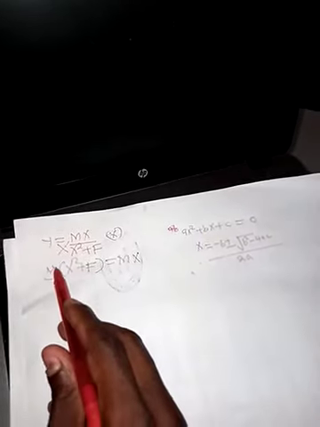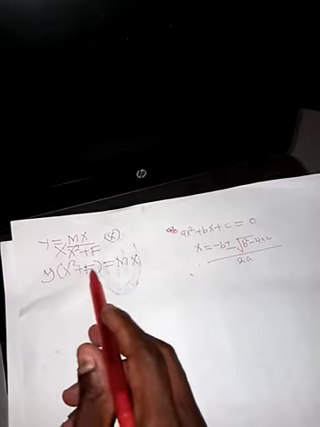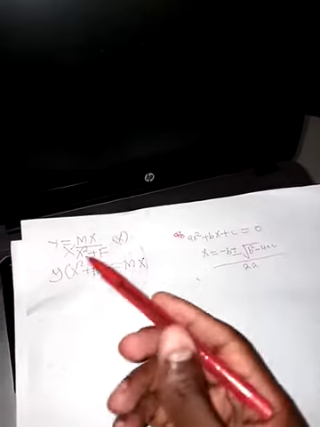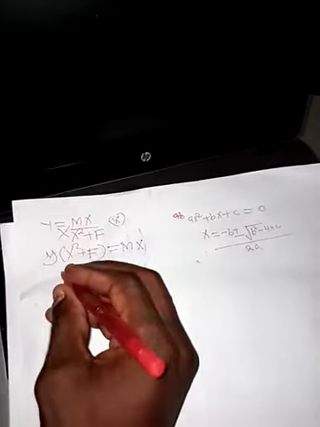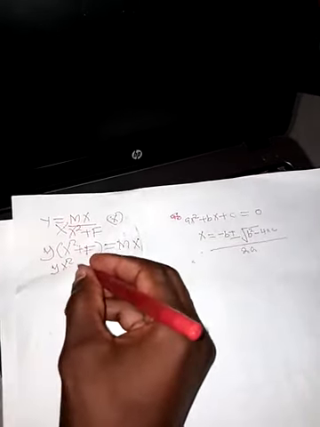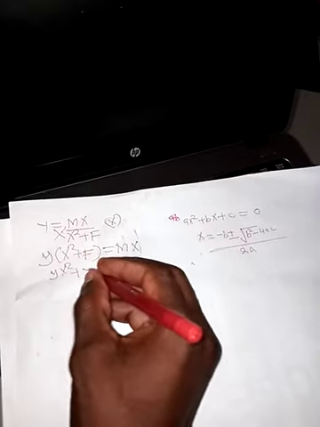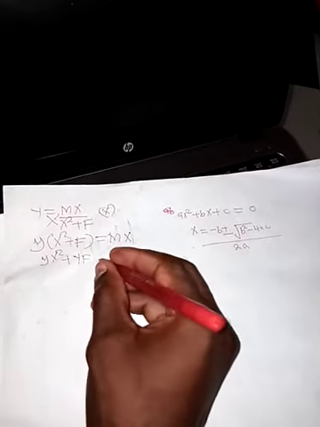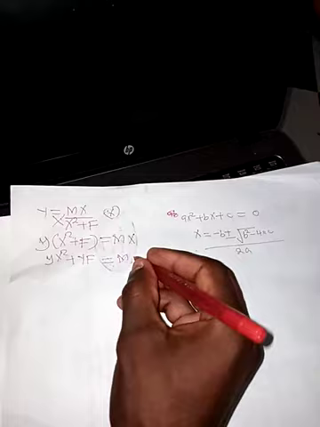Now we can open the bracket by multiplying y with everything inside the bracket. We'll now form yx squared plus yf is equal to mx.